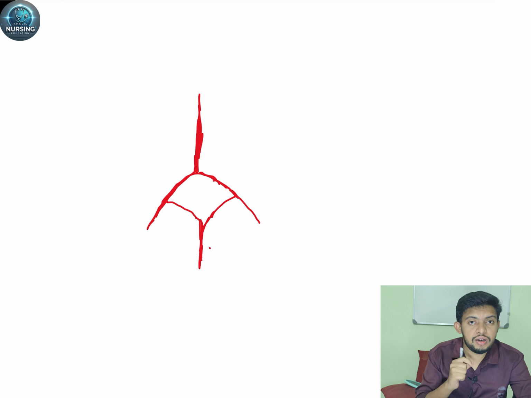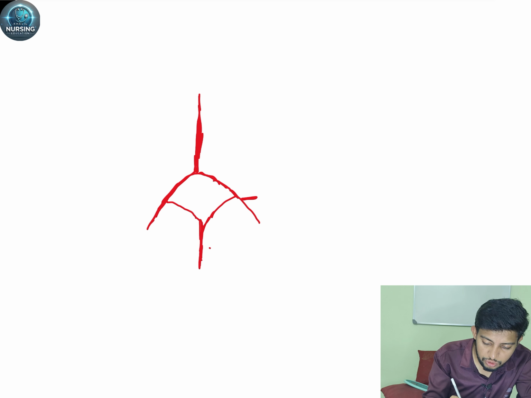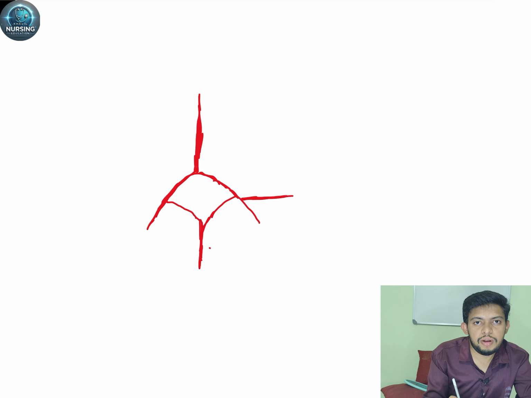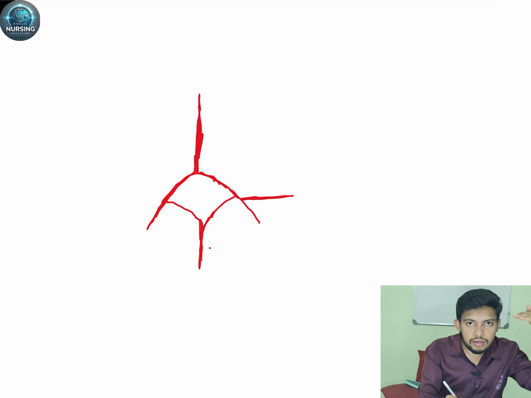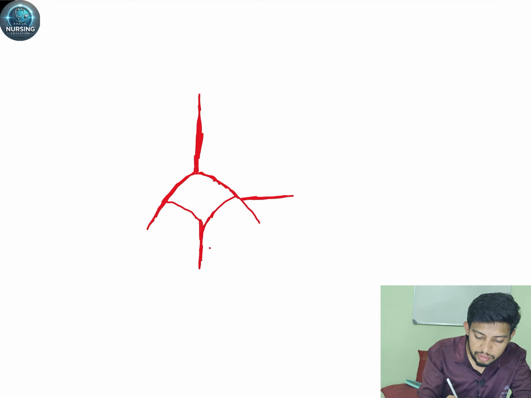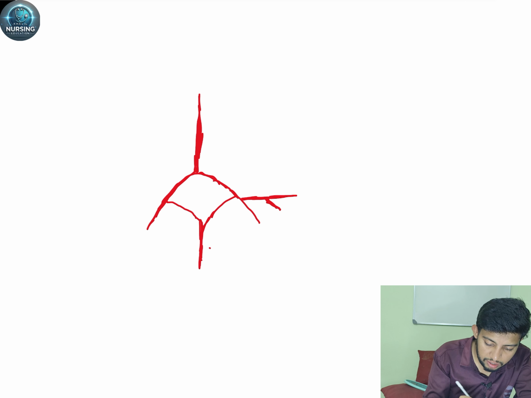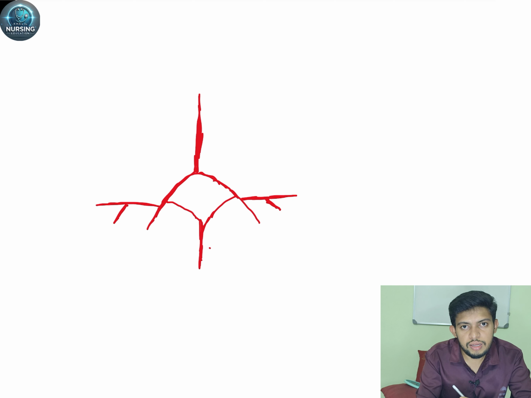Then the posterior spinal artery will be there, but it comes from this side, this Y. This one is the cerebellar branch to the cerebellum, the posterior and inferior aspect, the back side and down side of the cerebellum, and from that branch we get the posterior spinal artery. Clear?